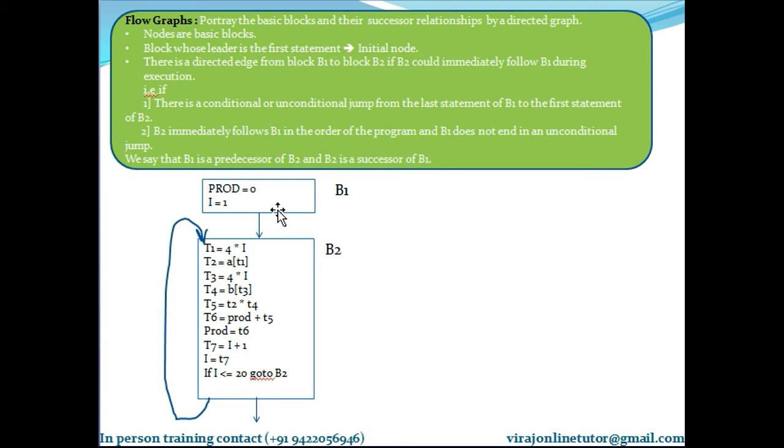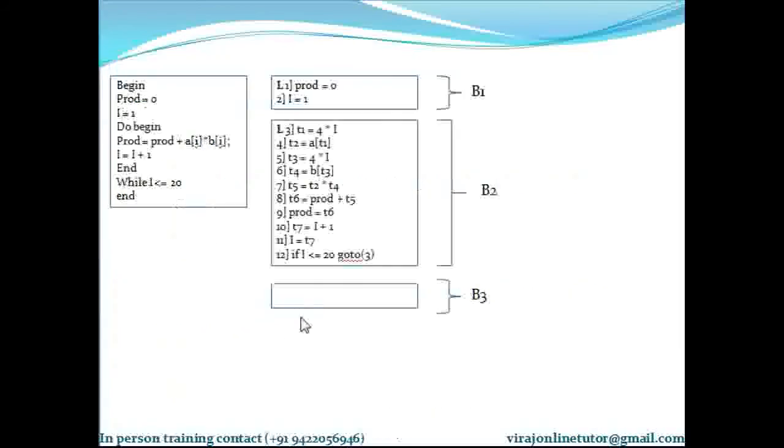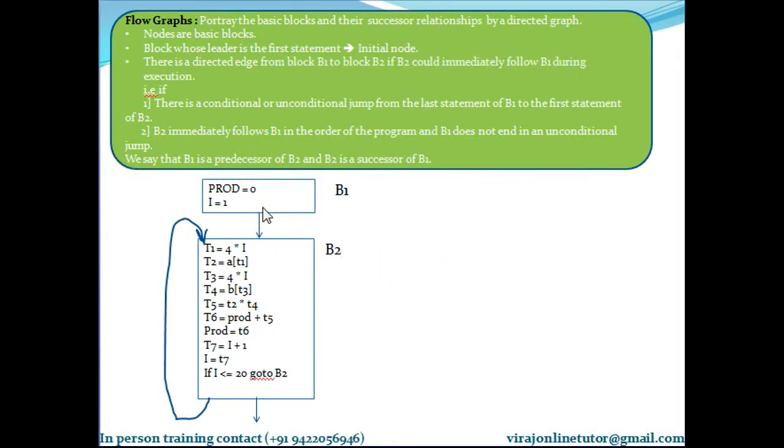If you see here, this is a conditional jump, so from the last statement of this block I am going to the first statement, so there is a directed edge. A second directed edge exists if B2 is immediately following B1 in the order of the program. Here B2 immediately follows B1, so there is an arc here. So B1 is a predecessor of B2. I have converted my previous basic blocks into a flow graph by putting edges.